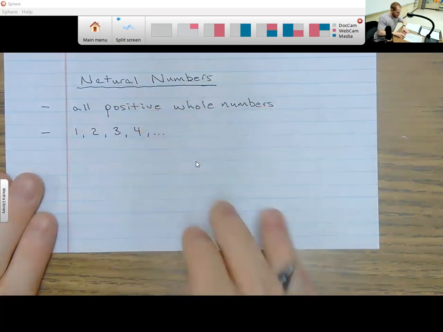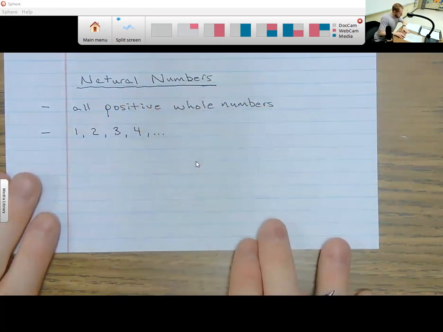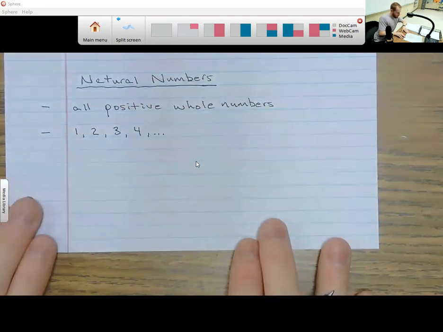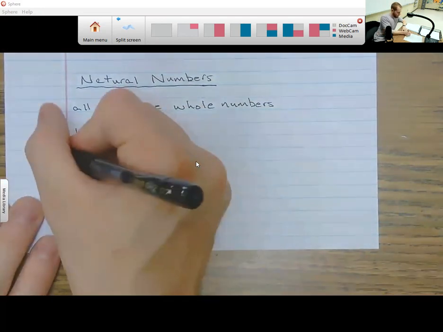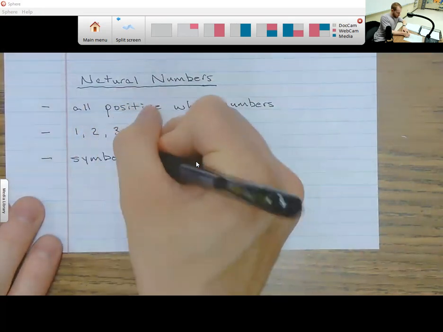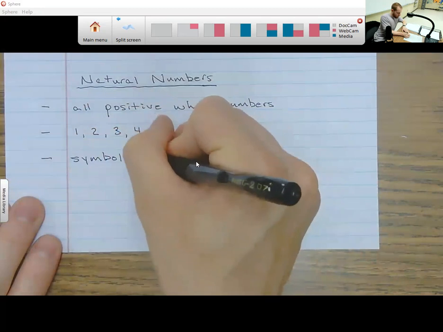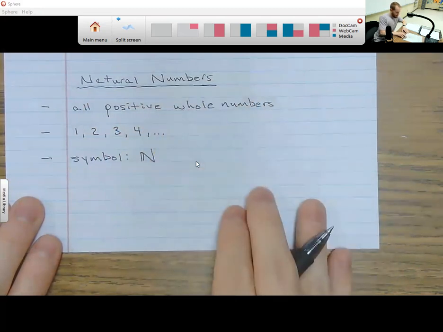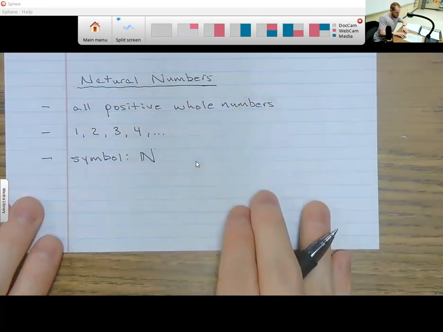I'm not going to list them all. There's an infinite amount of them, right? So the way we symbolize this is we use the symbol, and it's actually called a bold symbol.